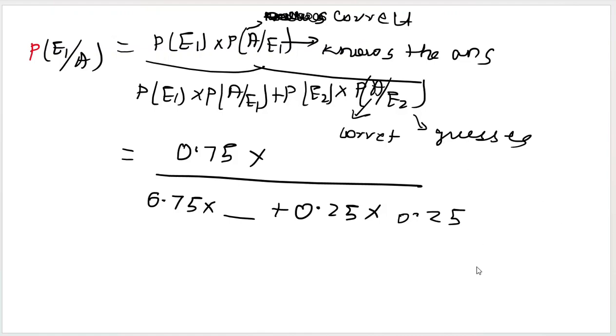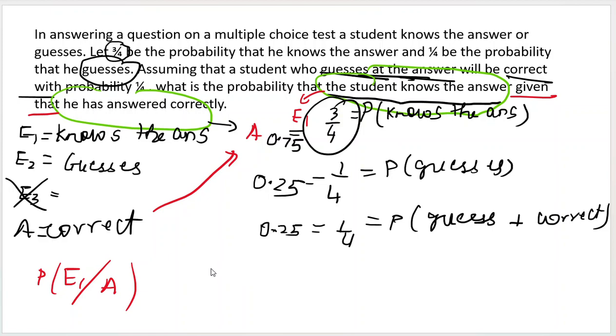Now we find this value of probability of A by E1. This is the probability that his answer is correct given that he knows the answer.